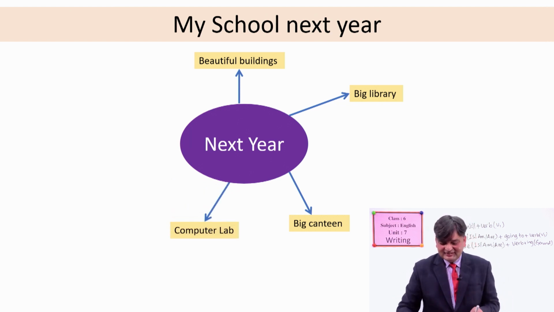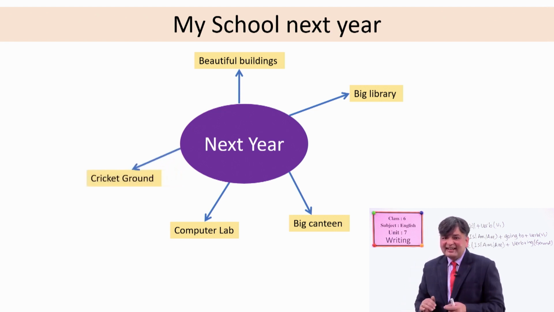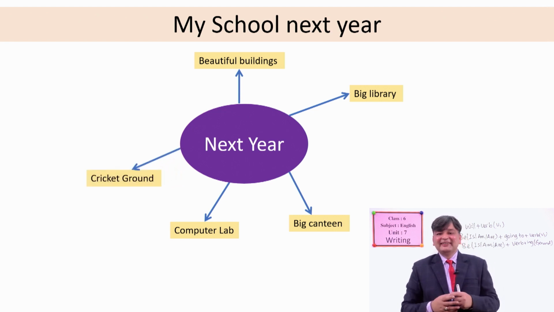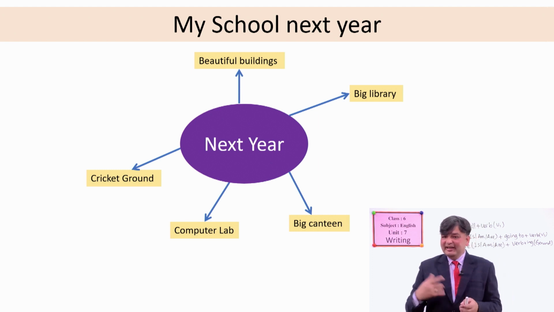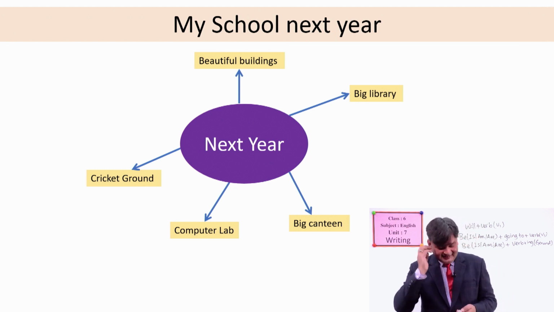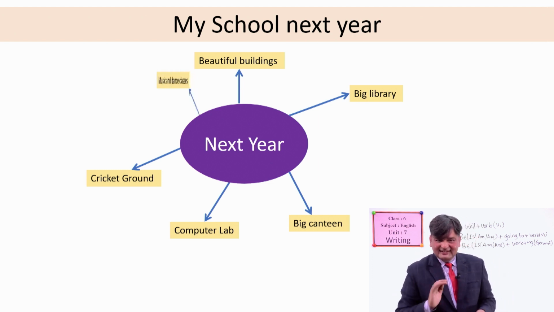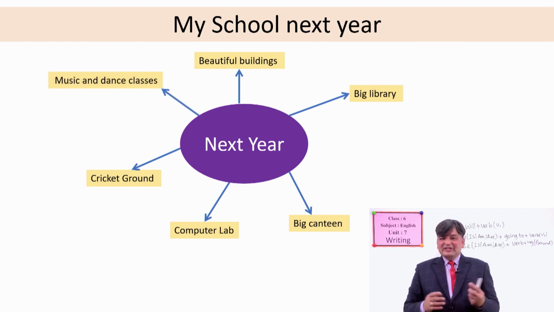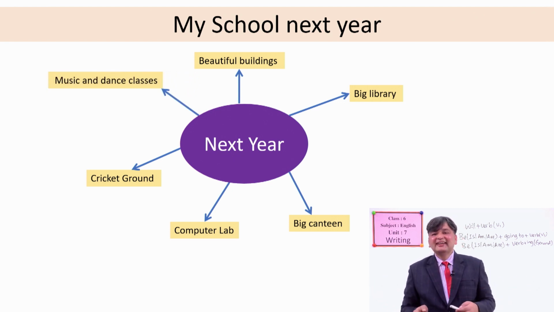Oh. The next one is cricket ground. Okay. So, do you like playing cricket? Good. So, what next? Music and dance classes. So many changes will happen next year. So, you have all these ideas.